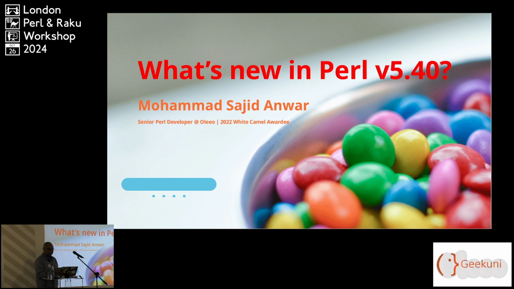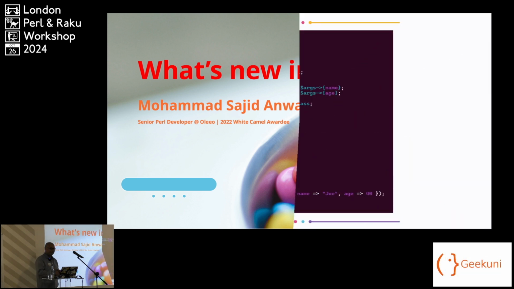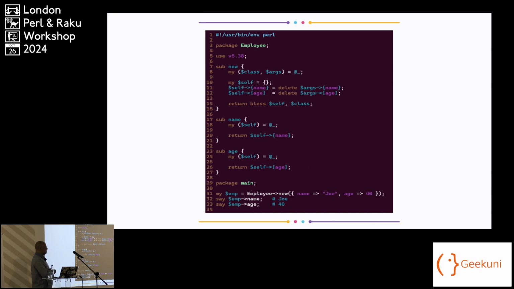So we start from this, if you remember. This is the traditional way, just a standard class. And then we're going to take this and move forward and see how it improves further with the new features added to Perl. This is my standard one from the early days, maybe early Perl 5.